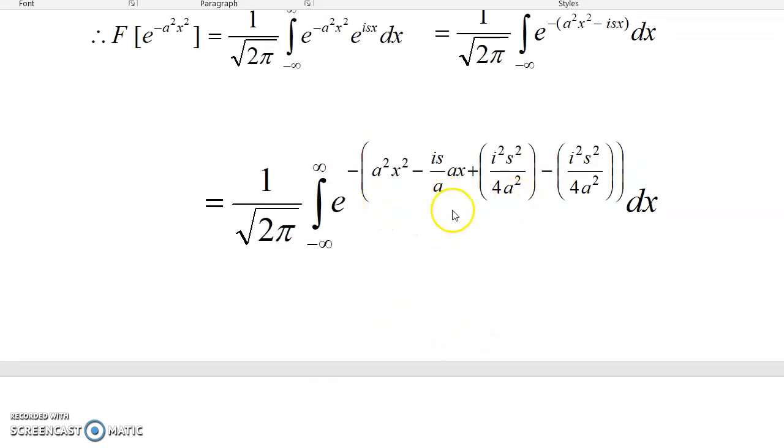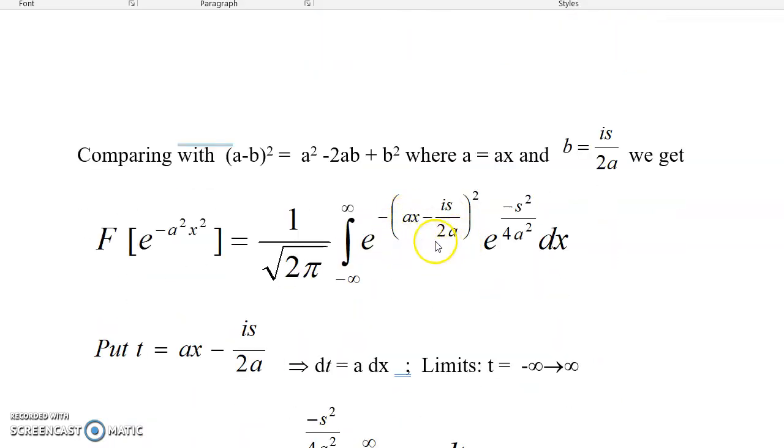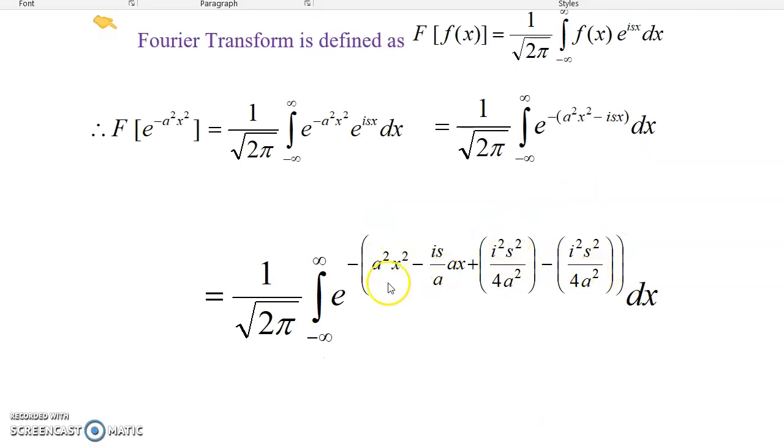These first three terms can be written as a minus b the whole squared, into what will be remaining apart from the first three, e power minus minus. So this term will be remaining, that is e power minus into minus. See, this minus into minus will become plus. So it is e power i squared s squared by 4a squared.